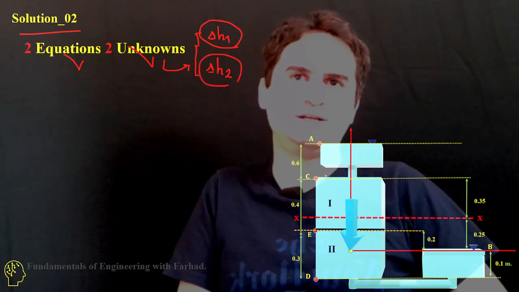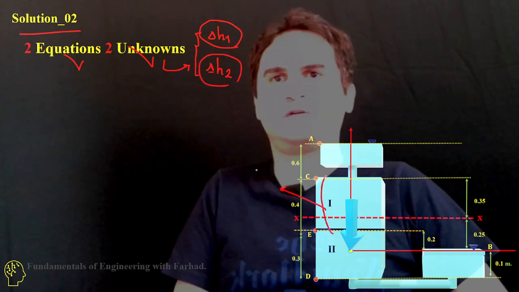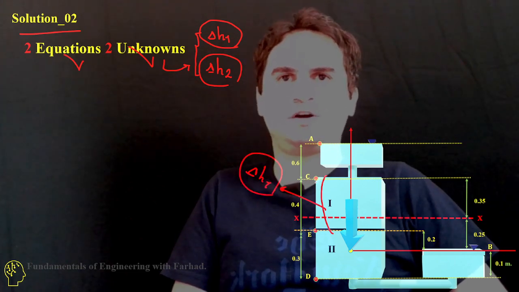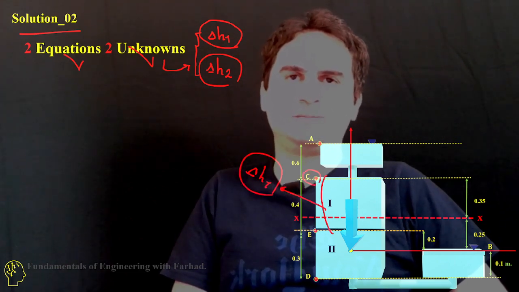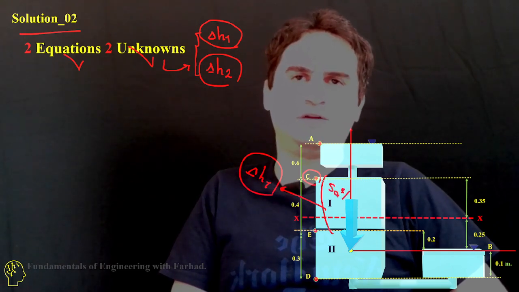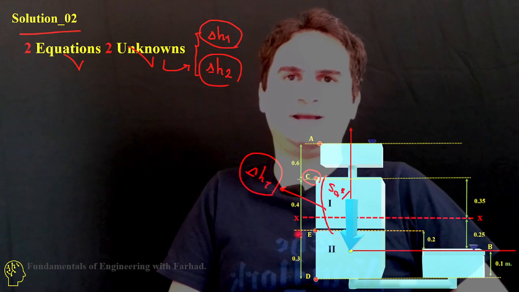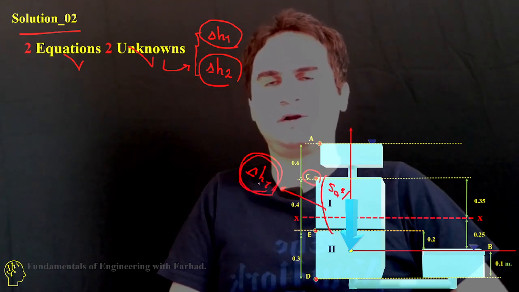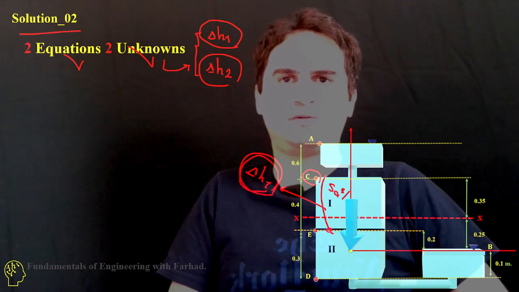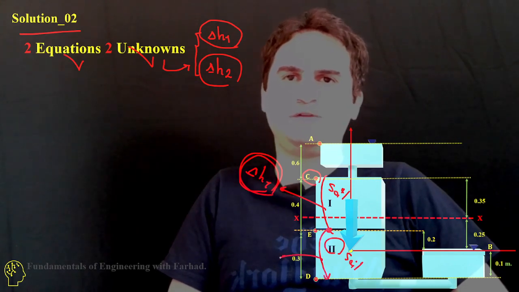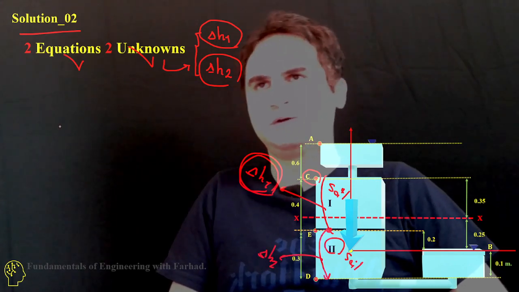Delta H1 is the head the water loses passing from the beginning of soil 1 through soil 1 to the interface. There is a drop in head of delta H1, and then from the interface of the two soils, through soil 2 to the end of soil 2, we have delta H2.